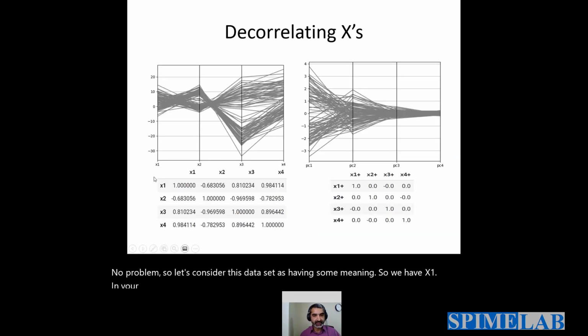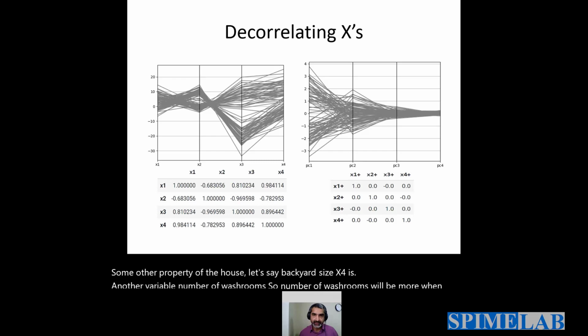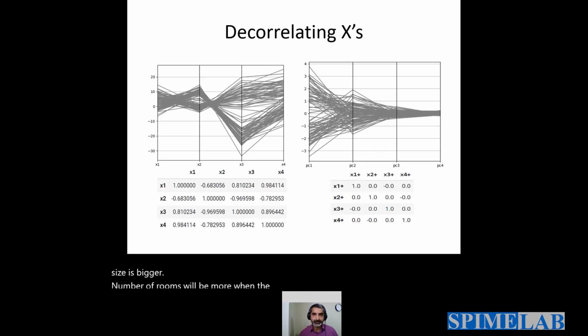We look at this x1 as the number of rooms. x2 is the lot size. x3 is some other property of the house, let's say backyard size. x4 is another variable, number of washrooms. So number of washrooms will be more when the lot size is bigger. Number of rooms will be more when the lot size is bigger.